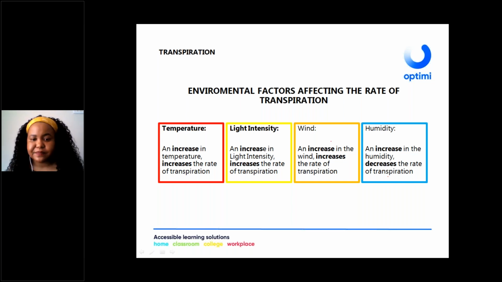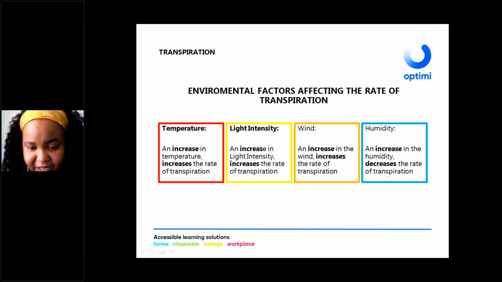Okay, lastly, the other factor that affects the rate of transpiration is wind. Okay, so when water evaporates, a layer is formed on the plant that prevents further evaporation from taking place. I'm going to repeat that.